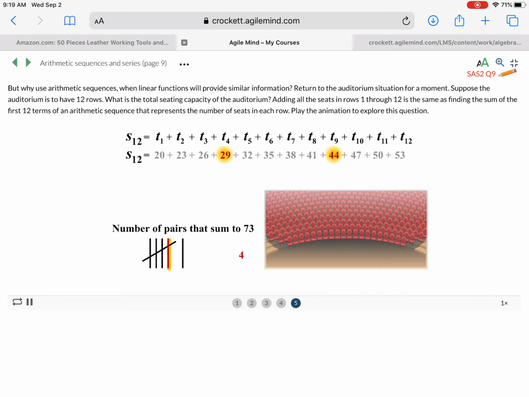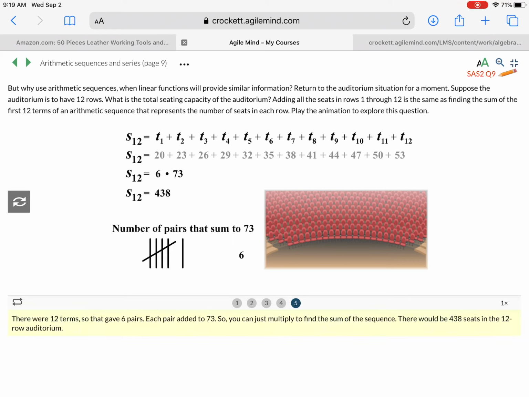And it's just counting the pairs for you. Six times 73. We're multiplying. And we get 438. So there are 12 terms. So that gave us 6 pairs. So let's say I have 20 terms. That's going to give me 10 pairs.